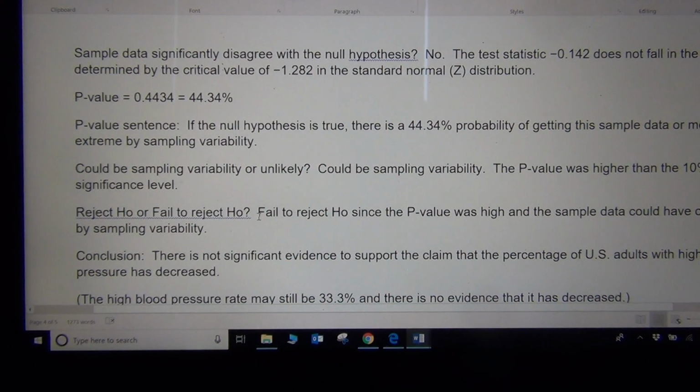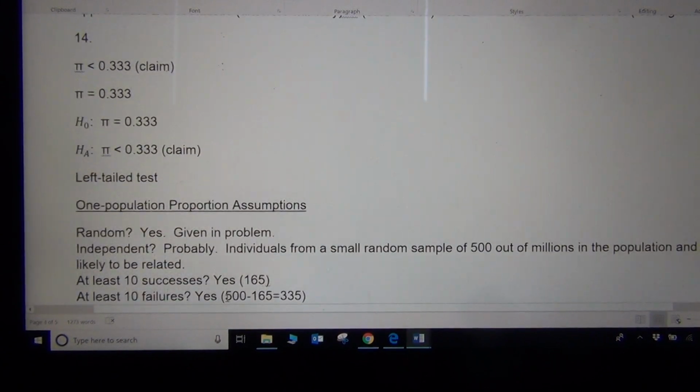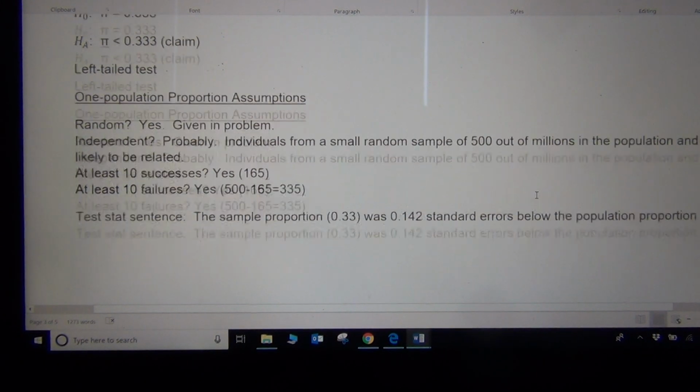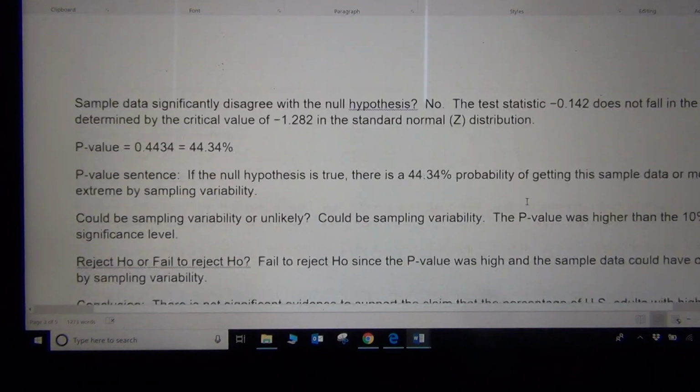So our conclusion. We have a high p-value and the claim was HA, right? Our claim was the alternative, less than. So when we failed to reject the null, but our claim was the opposite of the null, this is a not support situation.